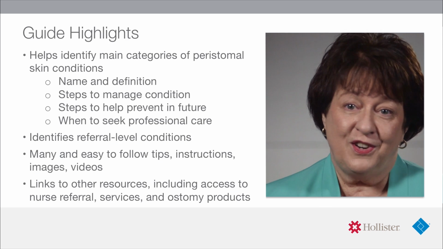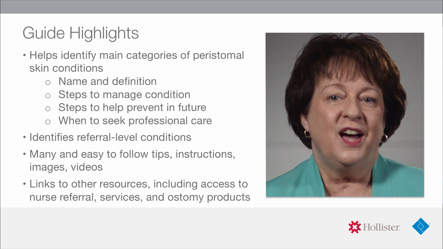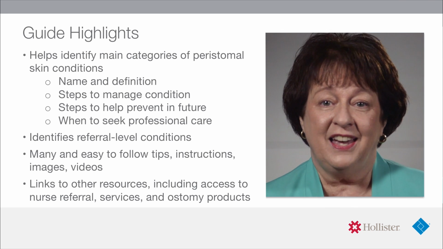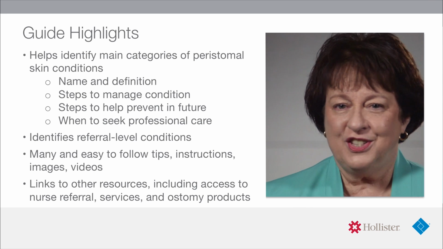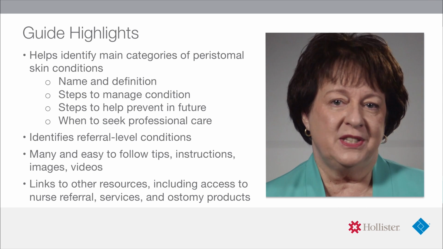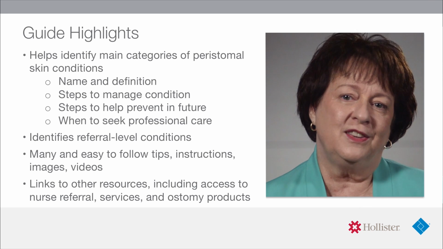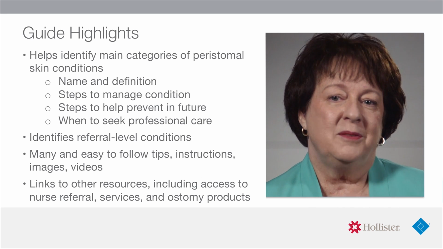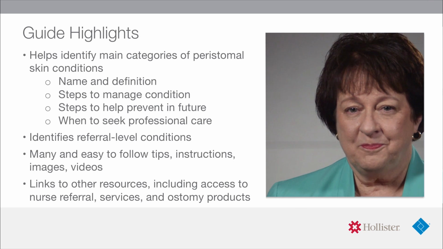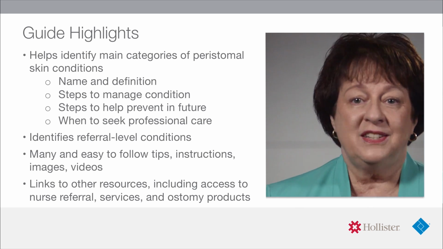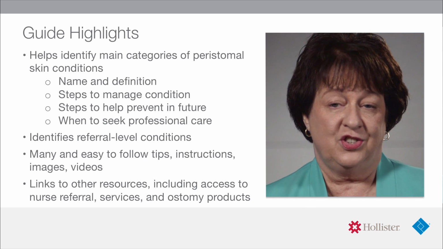We are coming to the end of our session, so let's take a moment to highlight some of the key elements of the Peristomal Skin Assessment Guide for consumers. This guide is one large step forward in helping to close a gap between healthcare professionals and those living with a stoma in the community who seek better quality ostomy education and access to care. This guide helps to identify 4 main categories of peristomal skin conditions.